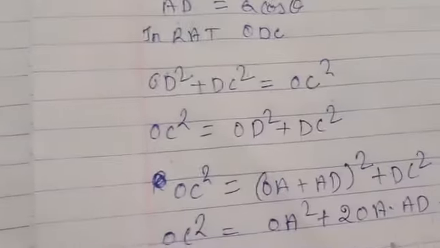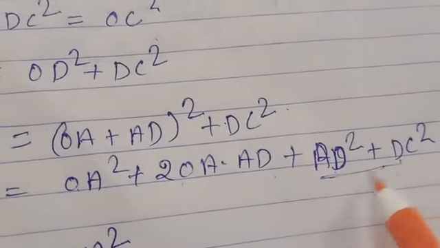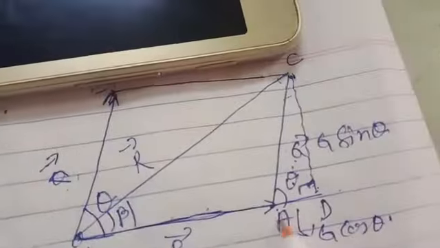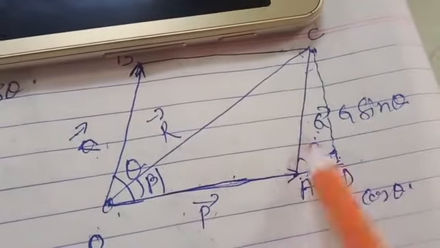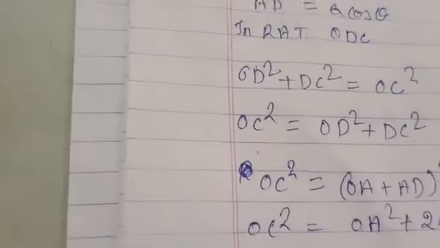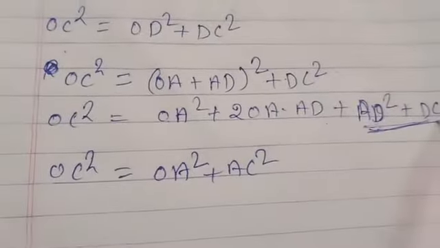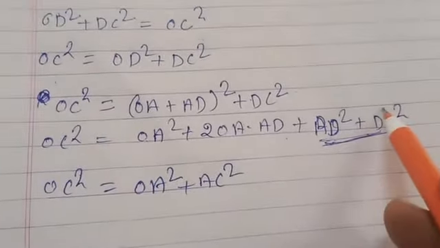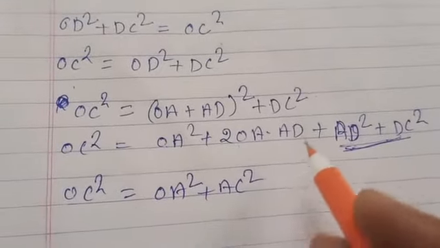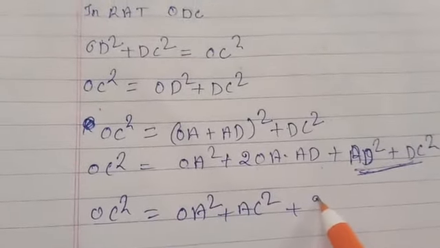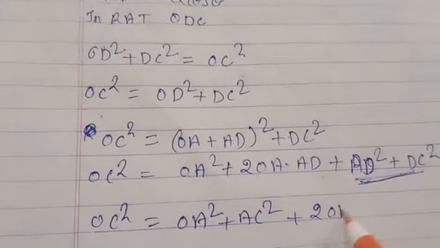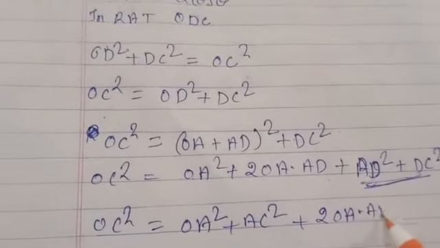So OC square is equal to OA square plus 2 OA into AD, and AD square plus DC square is equal to AC square by Pythagoras theorem. So we can note down here AC square, and here 2 OA into AD.